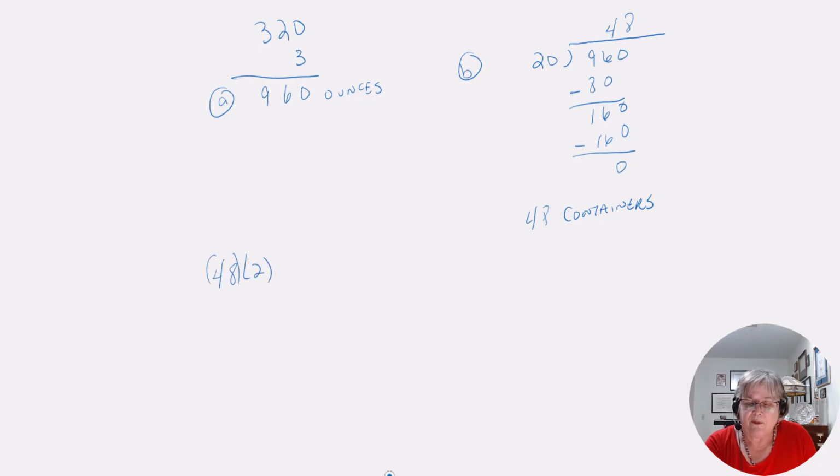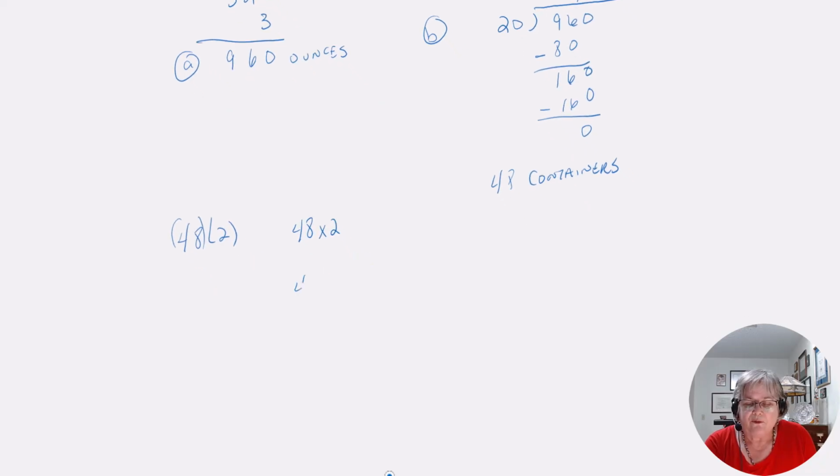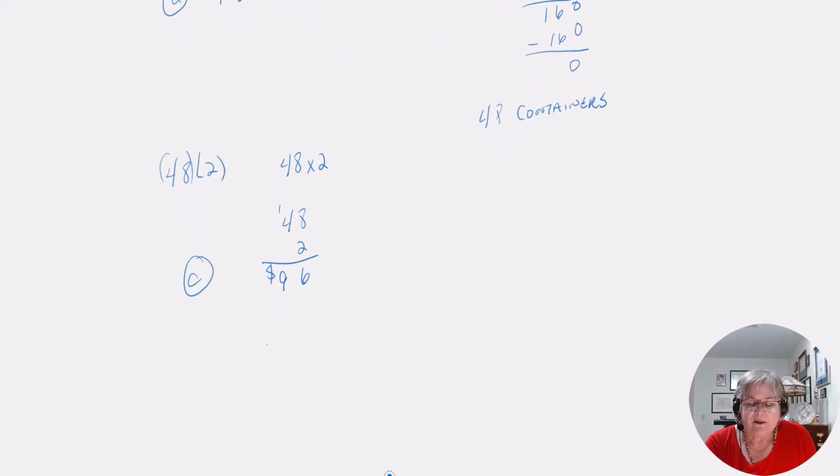Sometimes they'll put both of them in parentheses. Or you can think of it as 48 times $2 each, right? So 48 times 2, 2 times 8 is 16, carry the 1. 2 times 4 is 8, plus 1 is 9, right? So you are going to have to spend $96 to buy and purchase the containers.